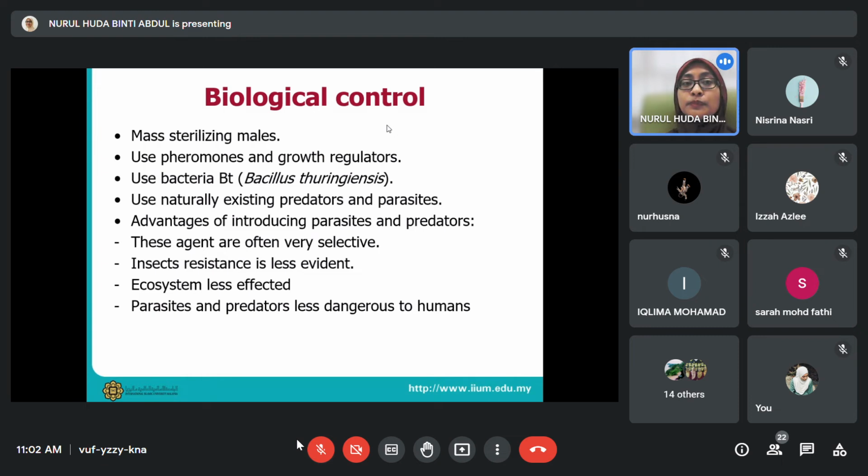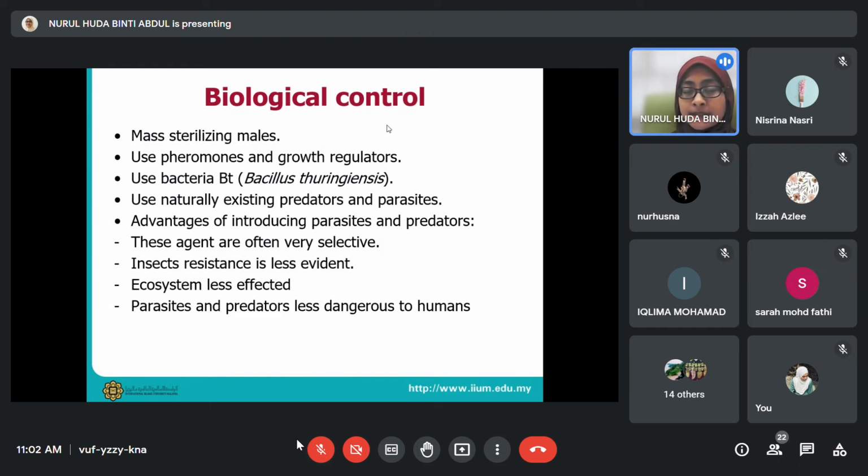You produce male pests which are sterile in the lab, produce many of them, and then you release them into the environment so that this sterile male will breed with the female outside.